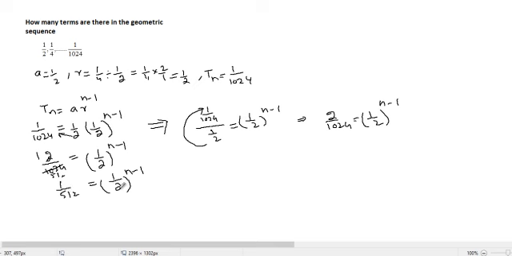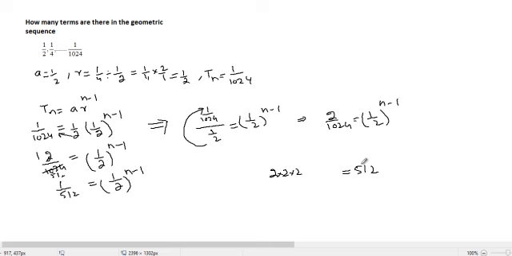We have 1 over 2 here, so we will take this 512 in power of 2, multiplying 2 that many times so that we can get 512. You can use your calculator and see how many times we multiply 2 to get 512.